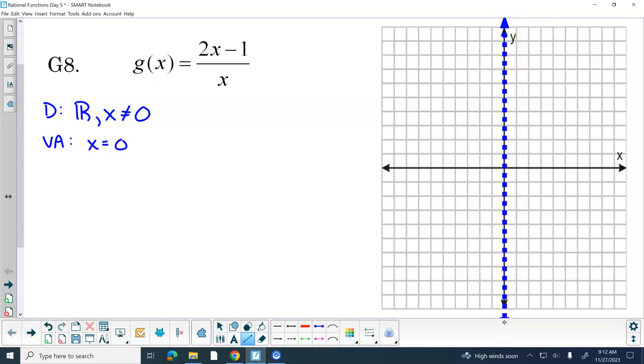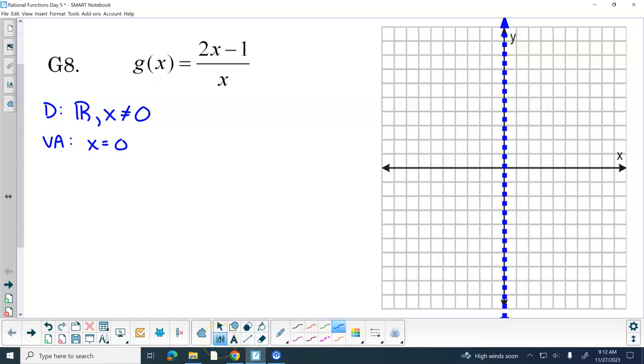Without going any further, what also got told to us just by that? There's no y-intercept. Why can't there be a y-intercept? Because that's where the vertical asymptote is, and we can't have anything on that vertical asymptote. So our y-intercept should be none when we get it.